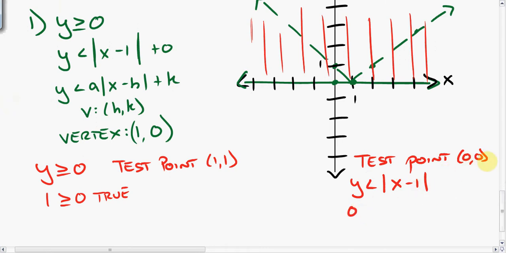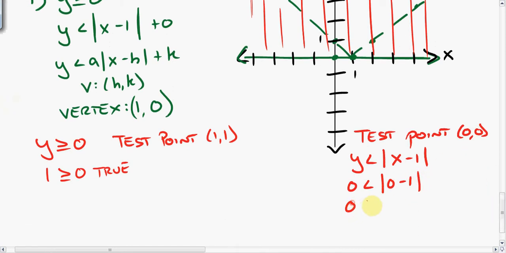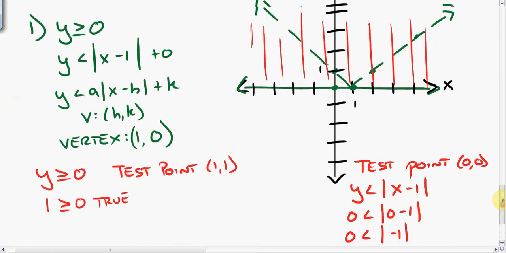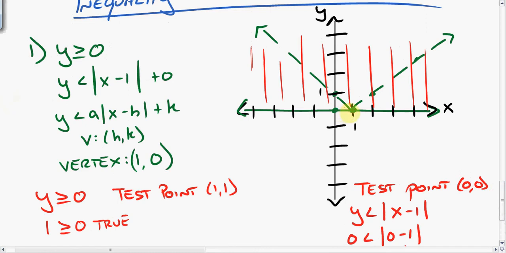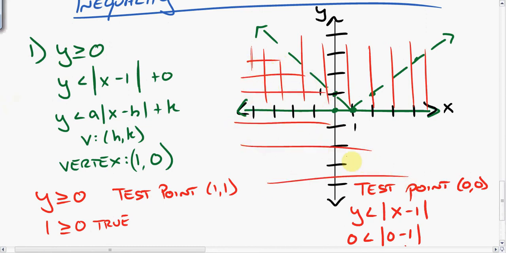So I'm going to plug in 0 for y, absolute value of 0 minus 1. Simplify. 0 minus 1 is negative 1. The absolute value of negative 1 is 1. So is 0 less than 1? Yes. So it's true. So I'm going to want to shade the region that includes the test point 0, 0, which is outside the V. So I'm going to shade outside the V.